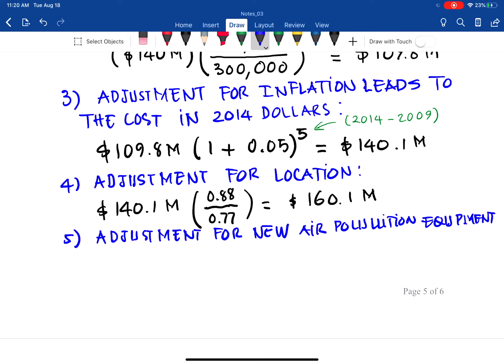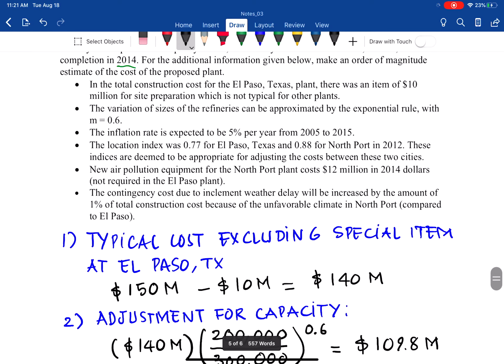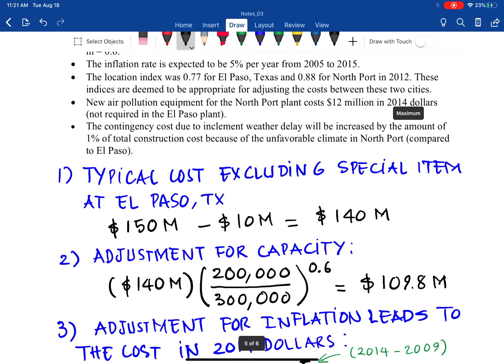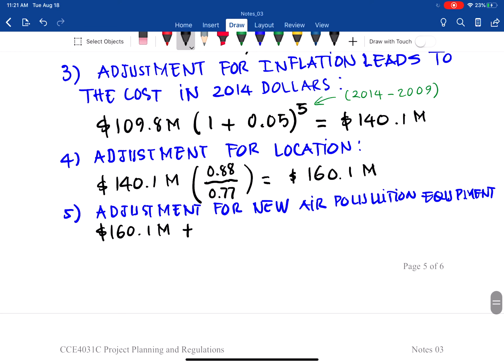So at Northport, we have 160.1 million plus the new equipment, $12 million in 2014. It's the same dollar at the same year, so you can add them. So the total is 172 million.